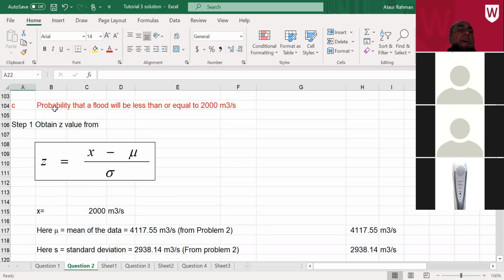So for C, we have to find out the probability that a flood will be less than or equal to 2000 meter cube per second. Now we know the flow, we have to find the probability of that flow.